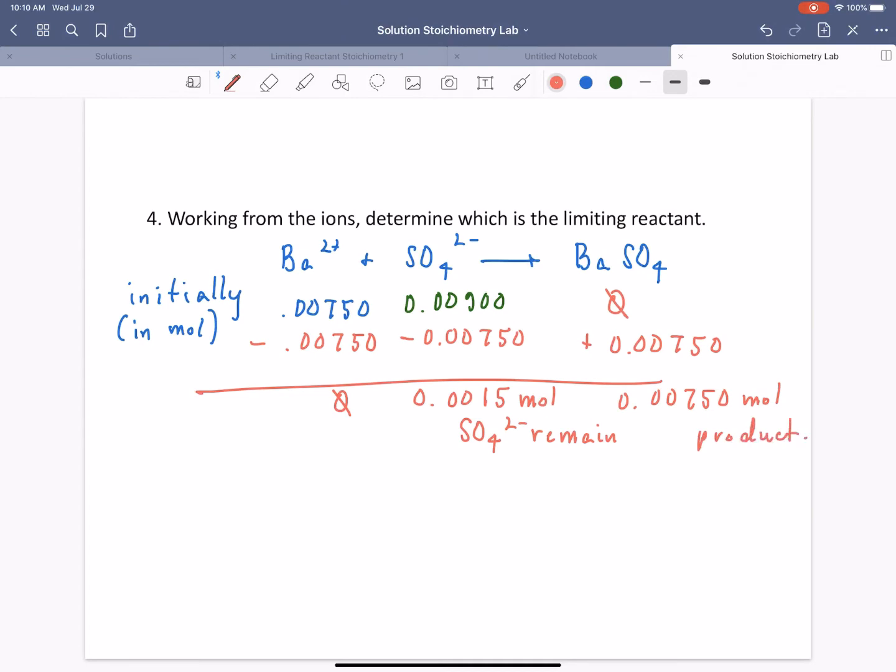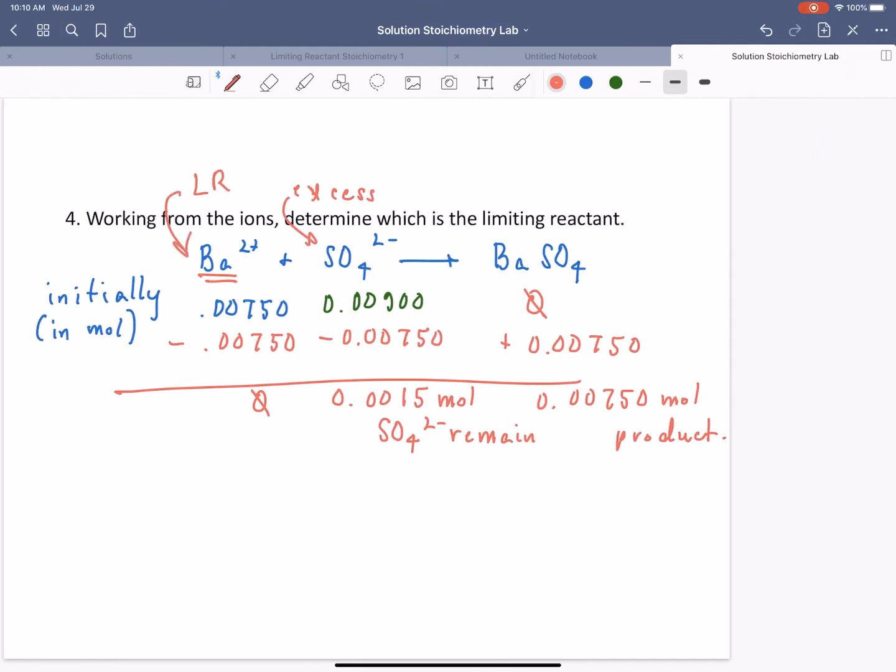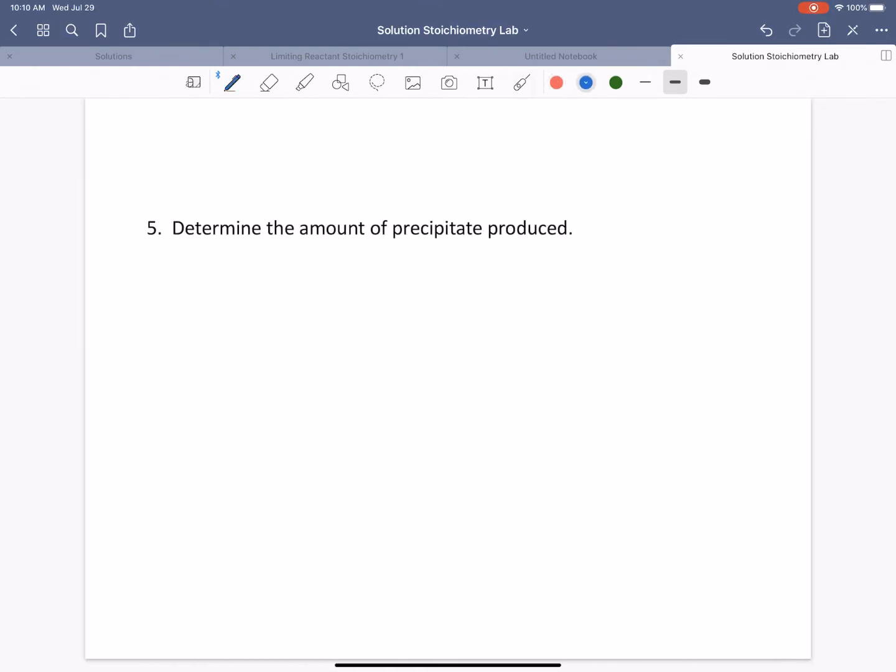So we can see that barium is the limiting reactant and sulfate is in excess. Okay, so in the last slide, we determined how much product was produced. Using the molar mass, we can determine how many grams of product that would be.